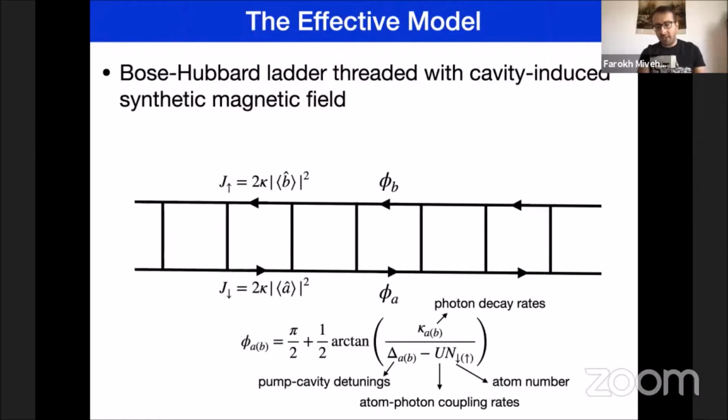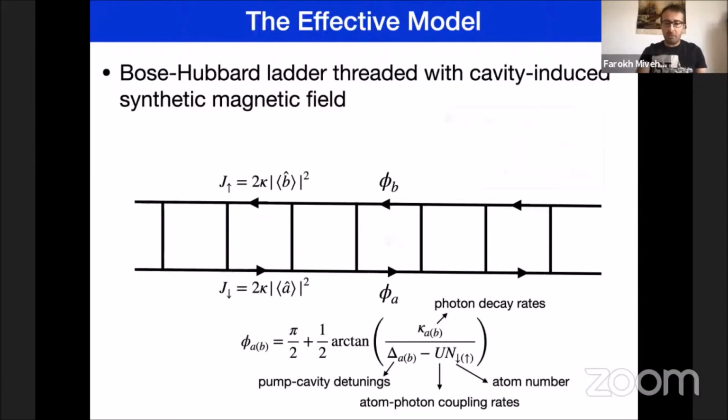As you can see in this formula, phi A and phi B, the phase of the photons, are in turn a function of the photon decay rate, cavity detunings, atom-photon coupling rates, and atom numbers.